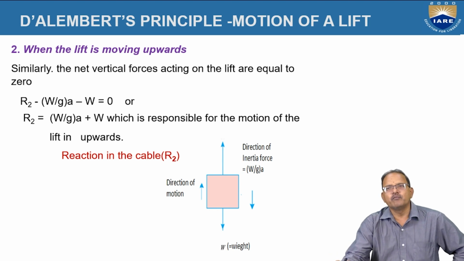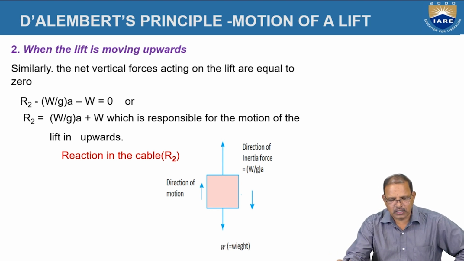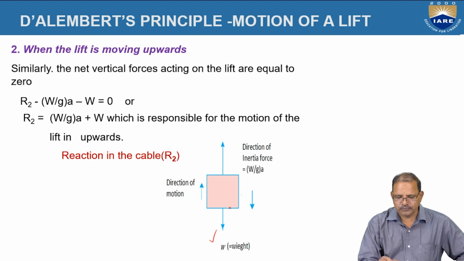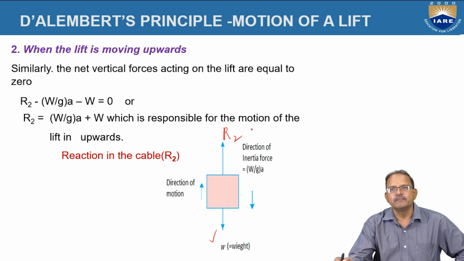Similarly, when the lift is moving in the upward direction, the weight is acting in the downward direction. Assume R2 represents the tension in the string. Since the body is accelerating upward, the inertia force acts in the opposite direction, that is, downward.